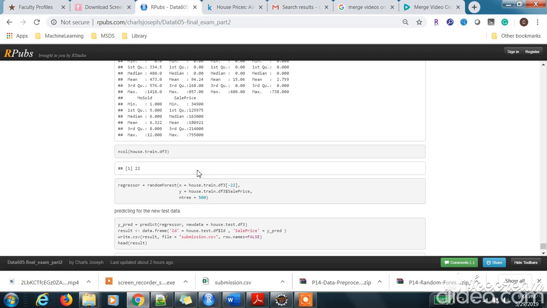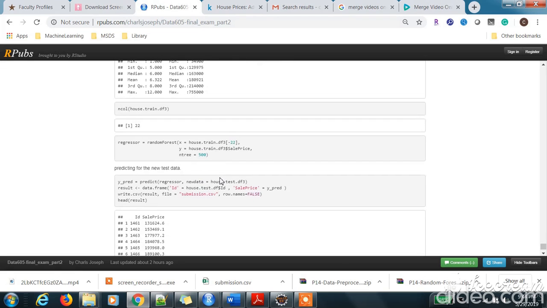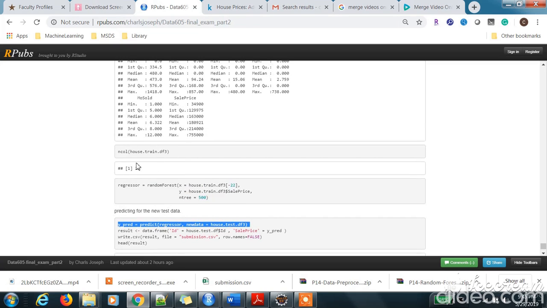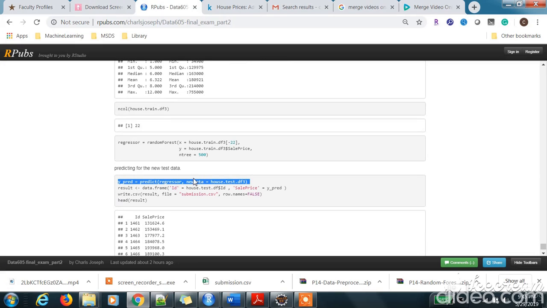Finally, we were able to reduce to 22 independent variables, and with those 22 independent variables we built a random forest. This is the method which predicts the sales price for the given test data, and from the test data we extract only the 22 independent variables, which are all numerical variables.